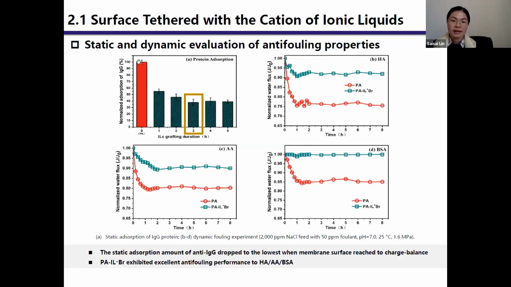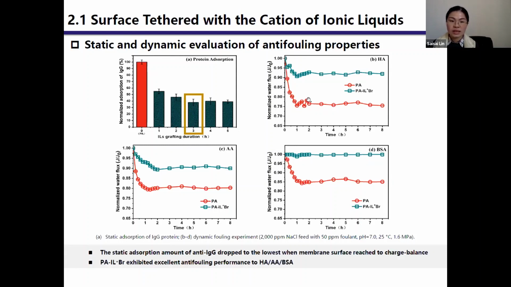And then we came into the antifouling property evaluation. We did the static and the dynamic evaluation. For the static protein adsorption, you can see under the optimum condition, the antibody IgG adsorption came to the lowest value.